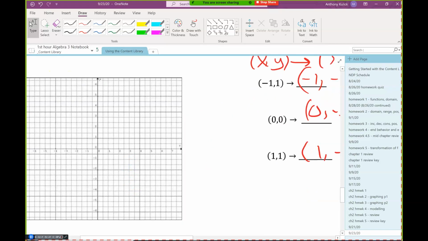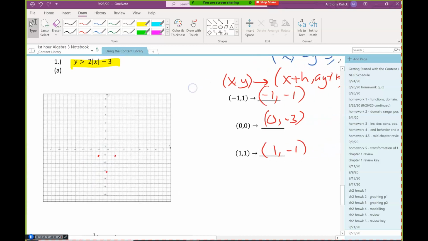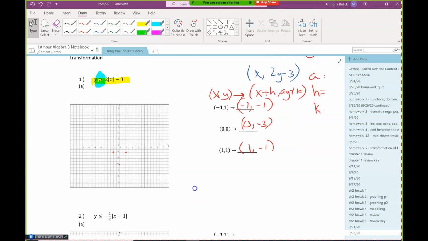Okay, let's plot those points. So I have (-1, 0), (0, -3), and then (1, -1). But before I draw my graph, this is where having an inequality here makes a difference. When I draw my graph for an inequality, sometimes I'm going to use a dashed line, and sometimes I'm going to use a solid line.